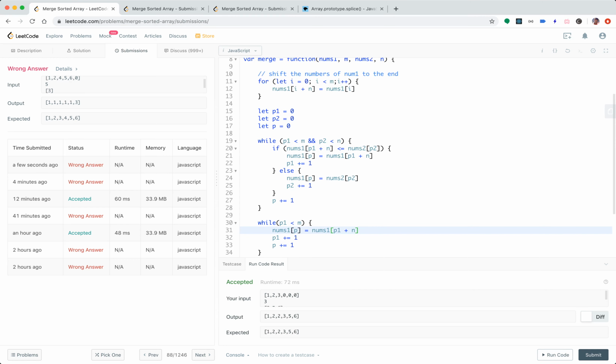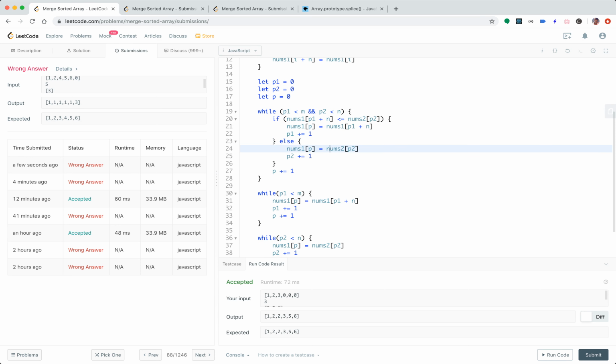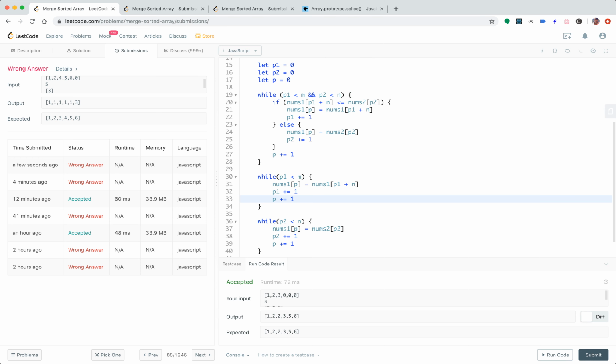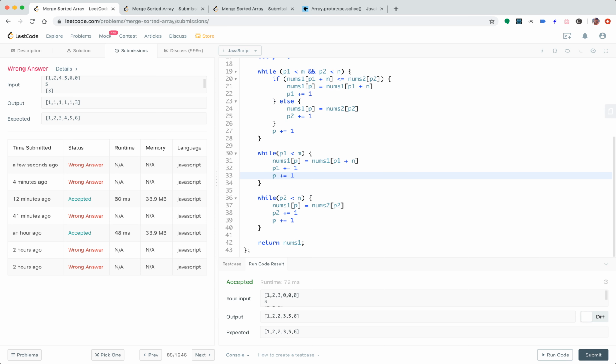Wait a second. We move them, right? So the start should be nums1 p1 plus n. Nums1 p, nums2 p2, and nums1 p plus n. What is the problem?